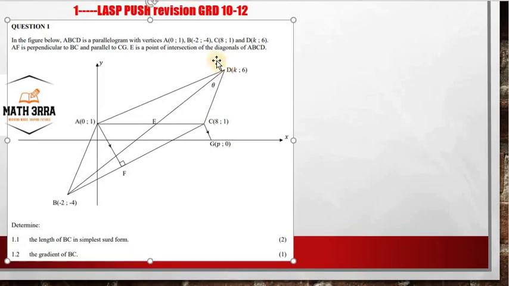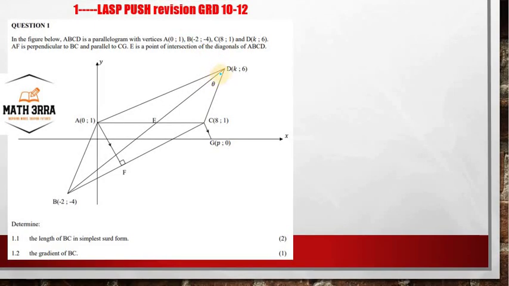So what's happening at D? We dare ask ourselves. At D, two lines are intersecting. Line AD is intersecting line CD.